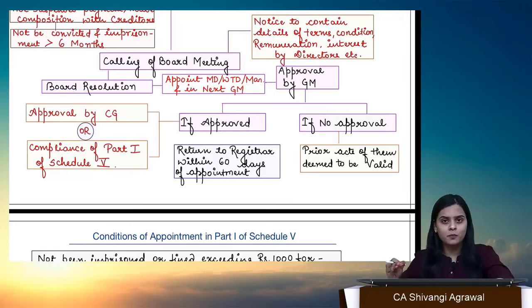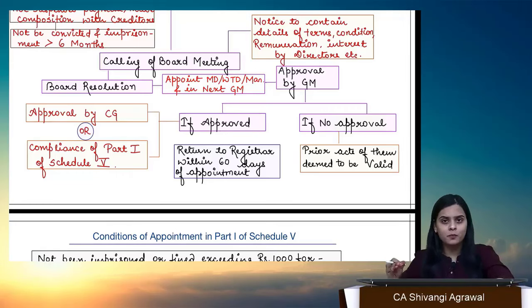So if you are not holding any shares in the company, if you are not connected to the promoters, if you are not connected to the directors of the company, you are not related to them, and basically we are trying to eliminate the promoter group, and you have a graduate level qualification. So if you have all these three, then you can clearly say that I am a director who is working in the professional capacity.